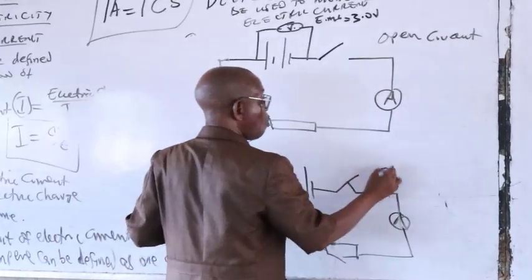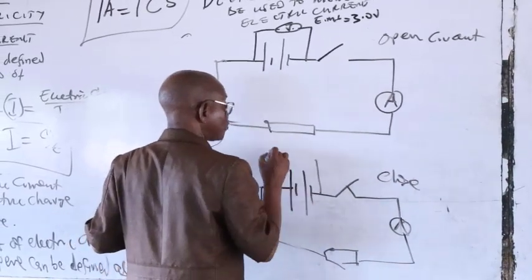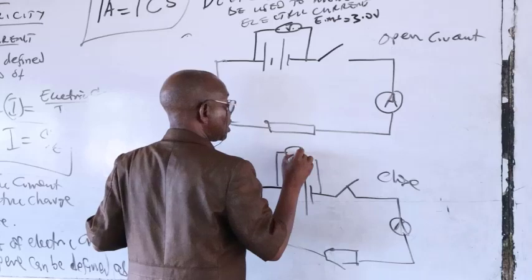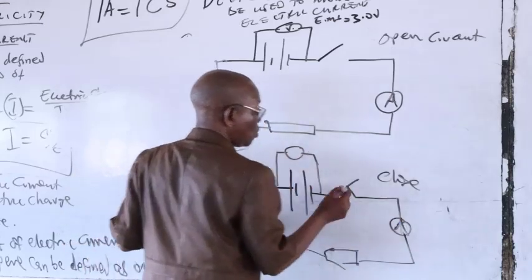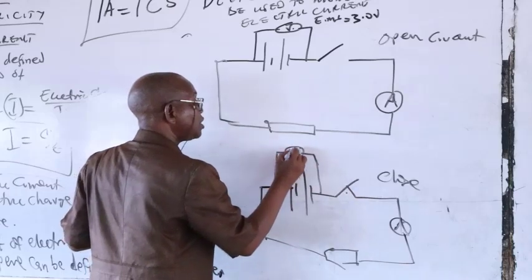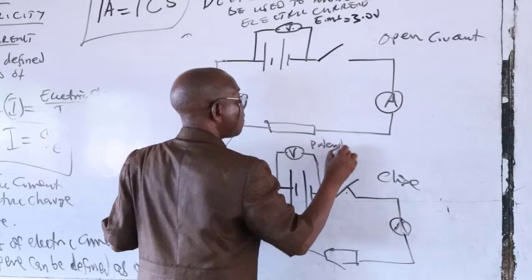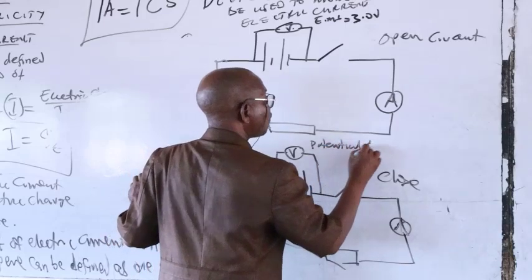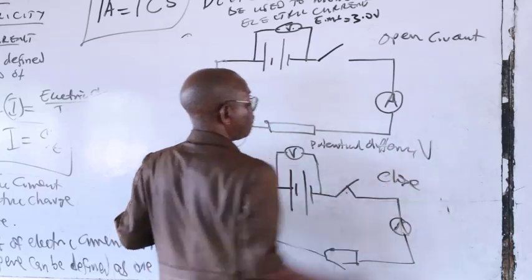This one is closed. Now, if you read here as you close the key, you know current is flowing. This will reach a certain value. It's already closed here. The reading on this will now be potential difference, represented by capital letter V.